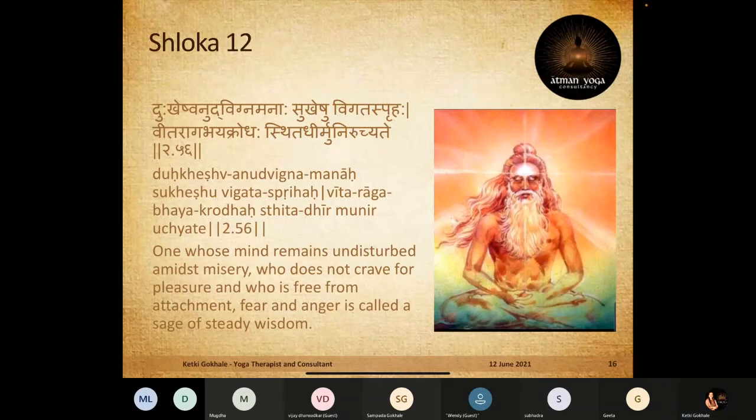One whose mind remains undisturbed amidst misery, in the midst of misery, who does not crave for pleasure and who is free from attachment, fear, anger, is called a sage of steady wisdom.